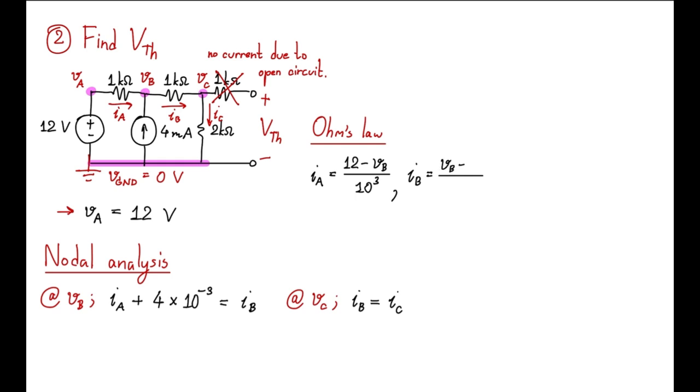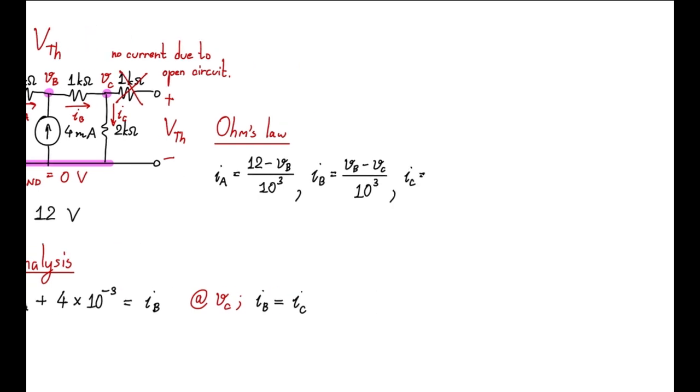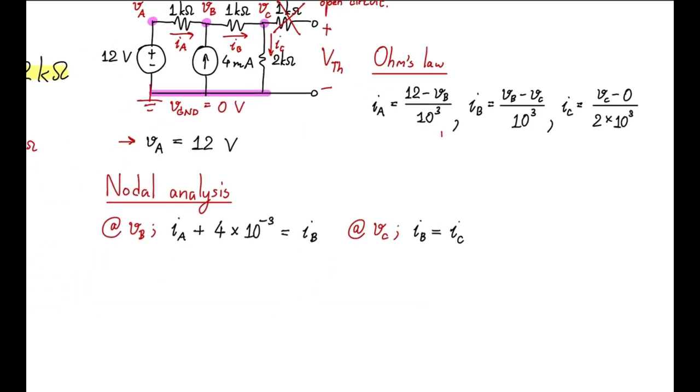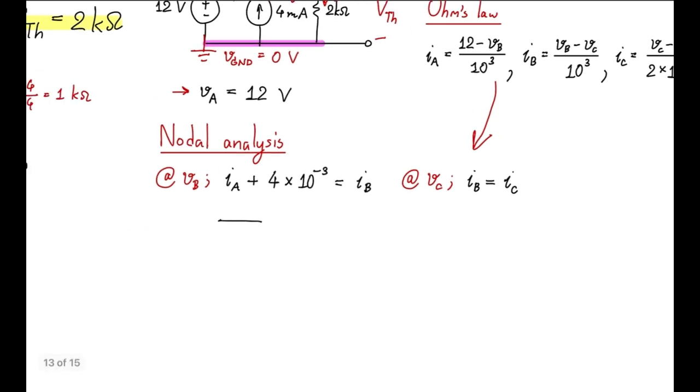Therefore IB is equal to VB minus VC, over 1 kΩ, or 10 to the power of 3. IC travels from node C to the ground node, over the 2 kΩ resistor. Therefore IC is equal to VC minus V ground, which is 0 volts, over 2 kΩ, or 2 times 10 to the power of 3.